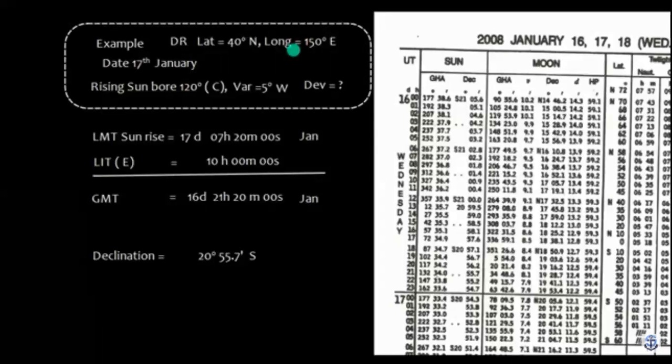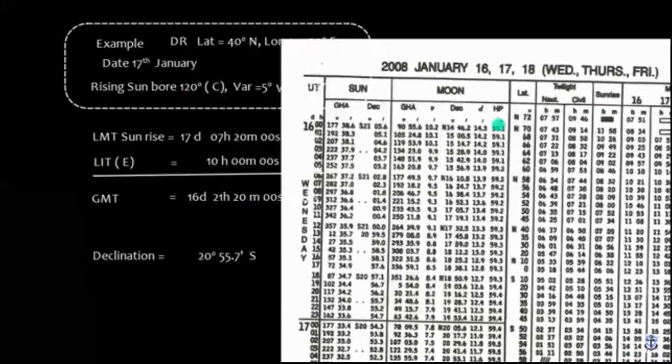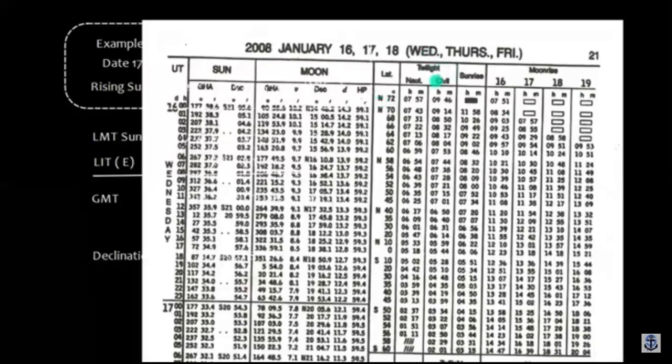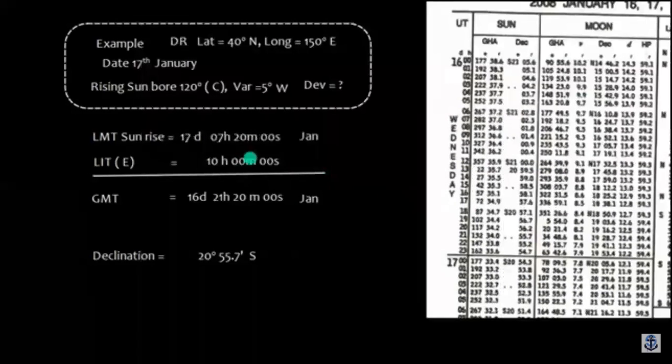We have to find the deviation. In the almanac for 17th January, the sunrise time for latitude 40 degrees is 0720. So the LMT of sunrise is 17th January 0720.